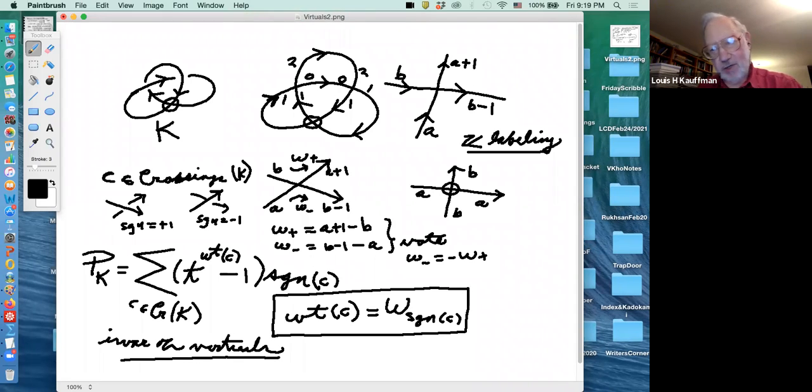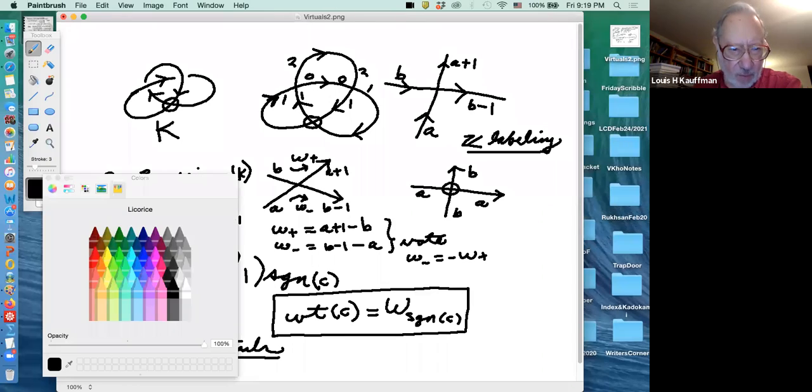Now, having described it that way, that's all very concise. But what I want you to understand is something about what these weights are measuring. So on this example, notice what would have happened if I had taken a little trip starting at this crossing and gone around until I came back to that crossing.